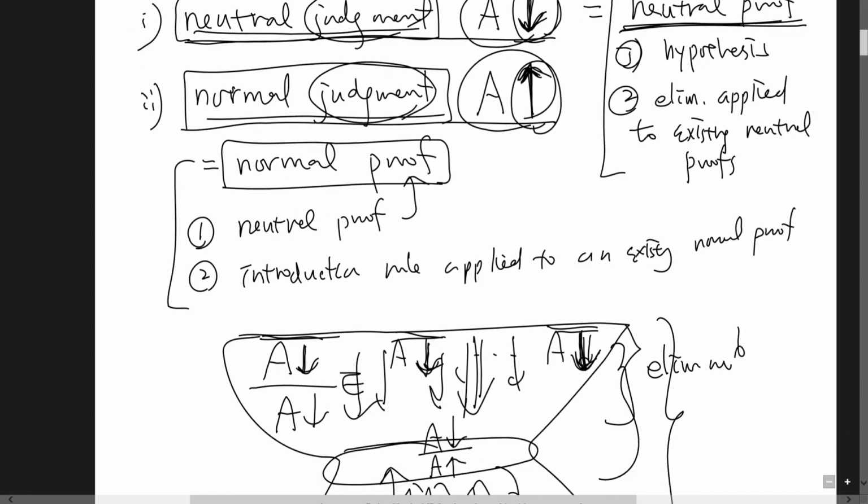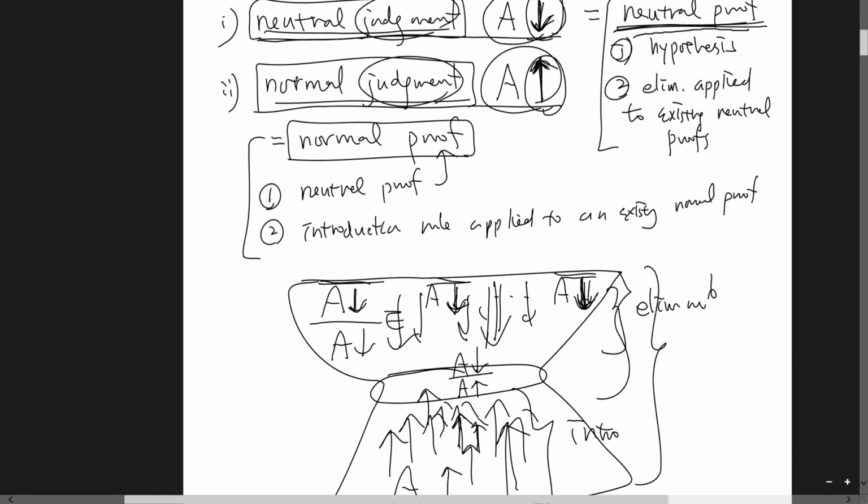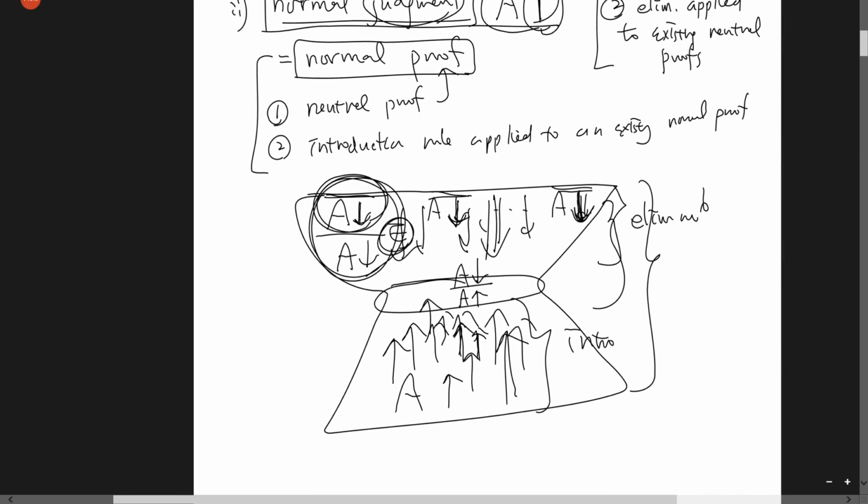Neutral proof is either this hypothesis or an elimination rule applied to an existing neutral proof. And normal proof is either a neutral proof, so this is a neutral proof because it is annotated with this down arrow, and we can take this neutral proof as a normal proof.